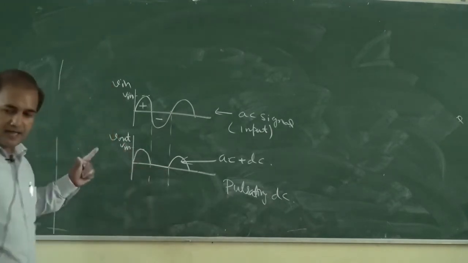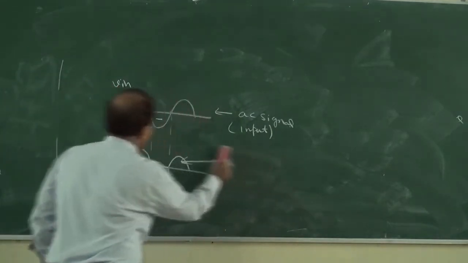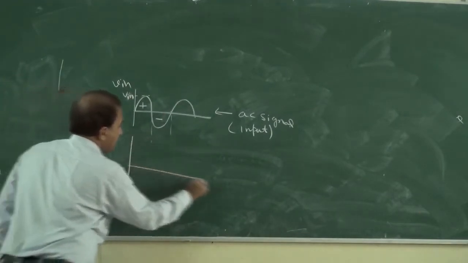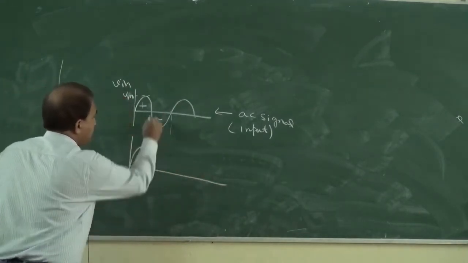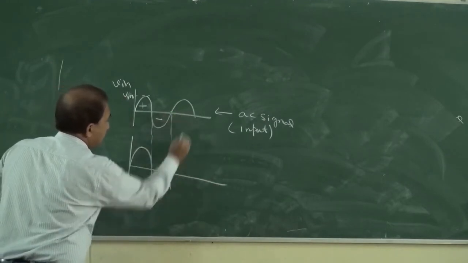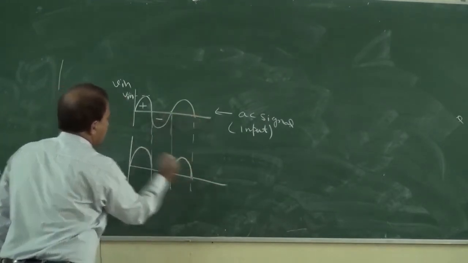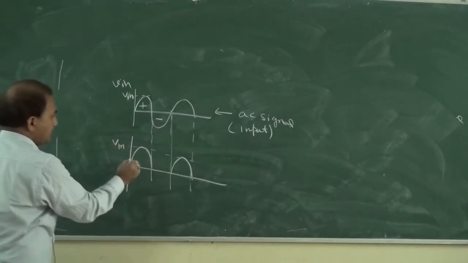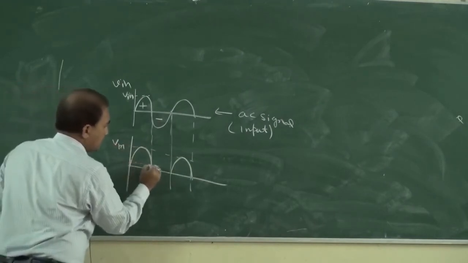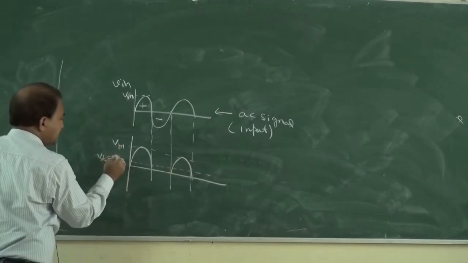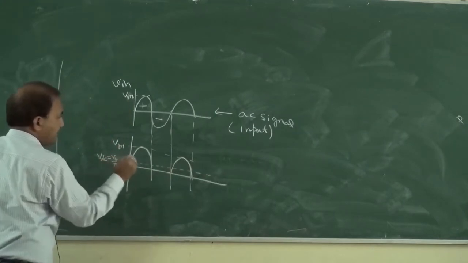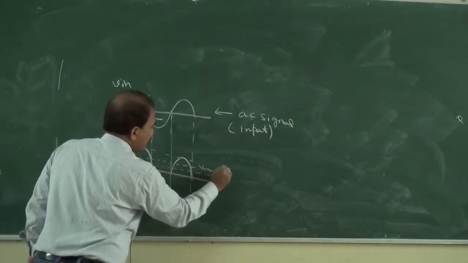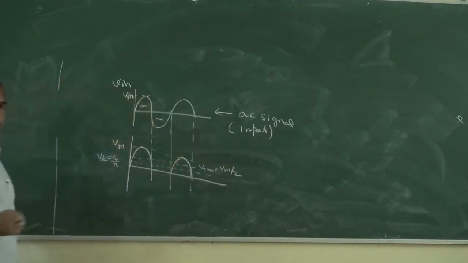Now as we can see, this is Vm. V average, or VDC, is equal to Vm by pi, and Vrms is Vm by 2.